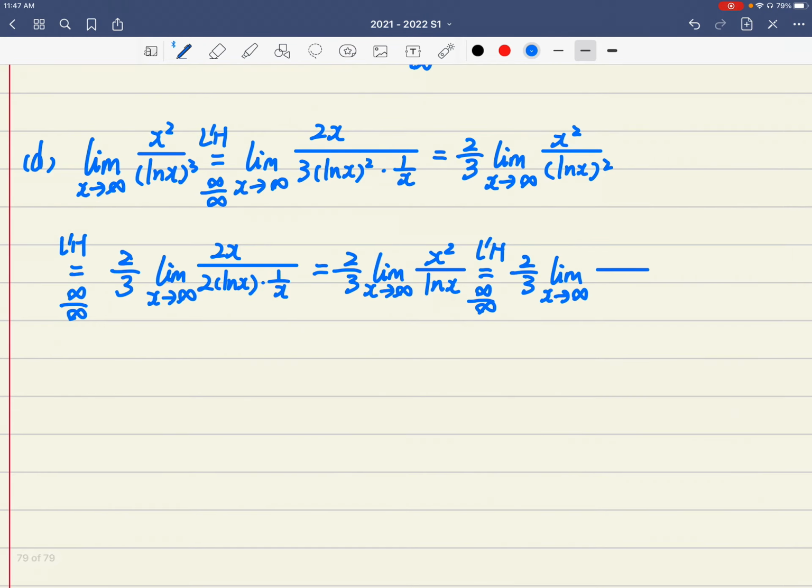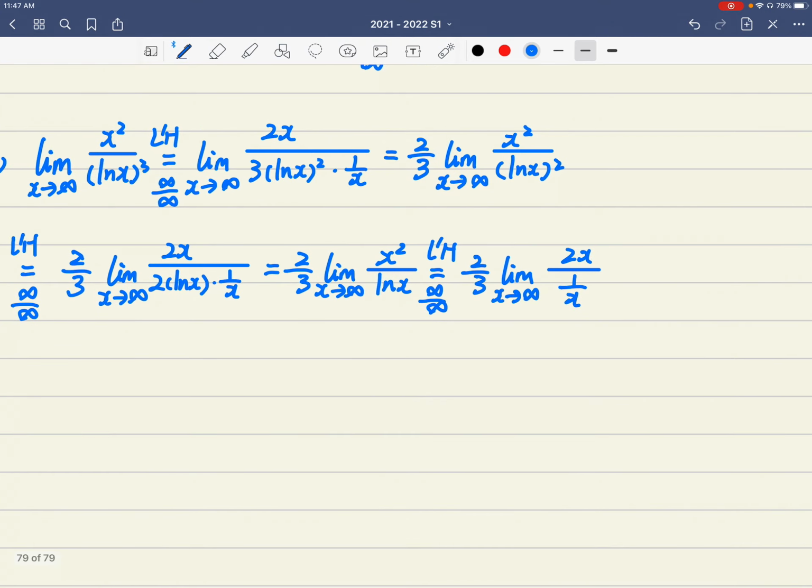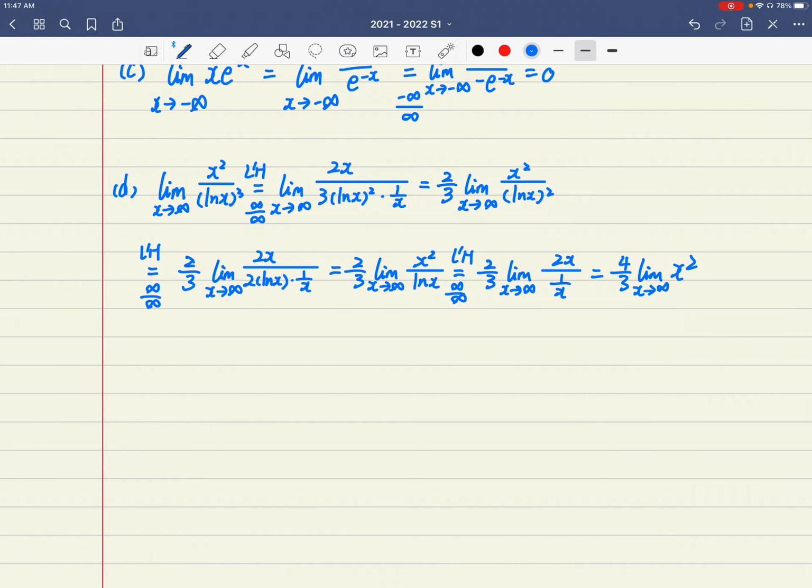The top is 2x, the bottom is 1 over x. So now it is 4 over 3 times the limit of x squared. Now you can finally conclude that the result must be infinity.